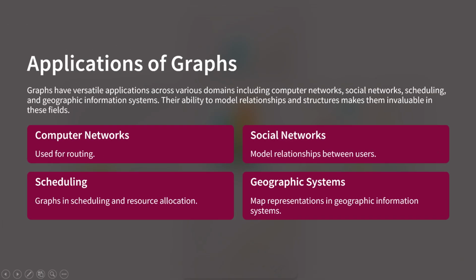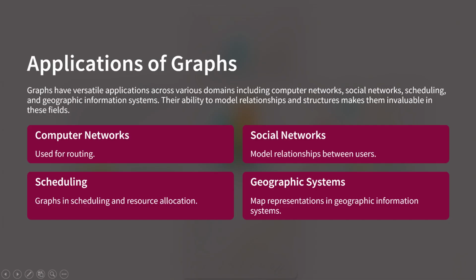The true value of graph theory is revealed in its vast number of applications. Its ability to model relationships and connections makes it indispensable across disciplines. In computer networks, graphs model network topology for efficient data routing. In scheduling, graphs help with task sequencing and resource allocation, like assigning classes to rooms without conflicts.